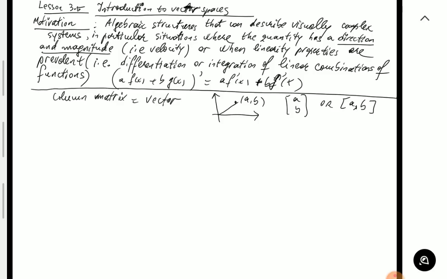You can identify this column matrix by a point in the plane. And if you want to associate a direction given by this, you can connect the point to the origin and then declare that the direction given by this vector is the arrow that points from the origin to the point itself. So again, if you took calculus 3, you have done this before.